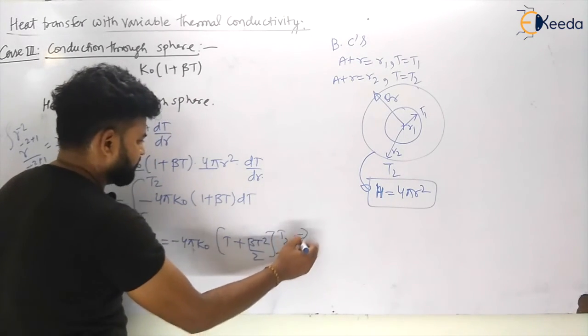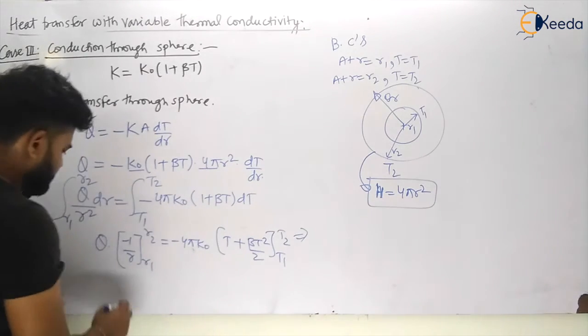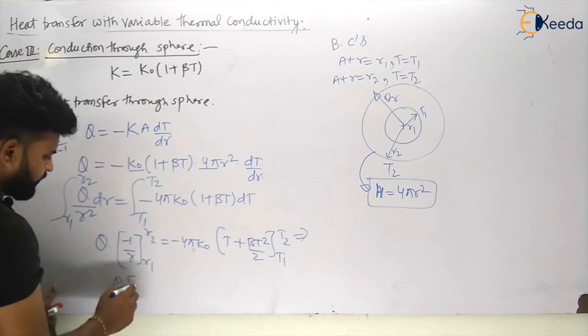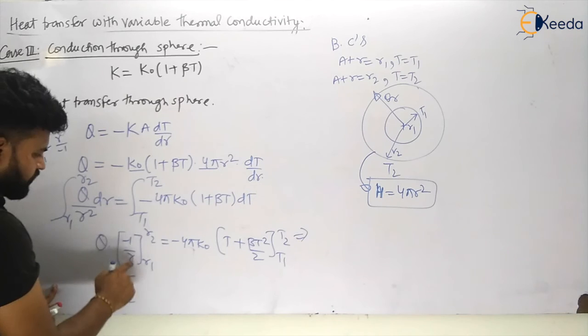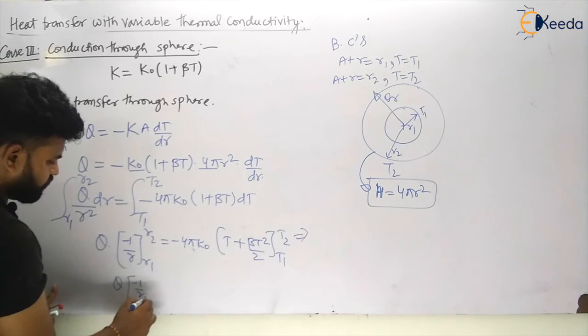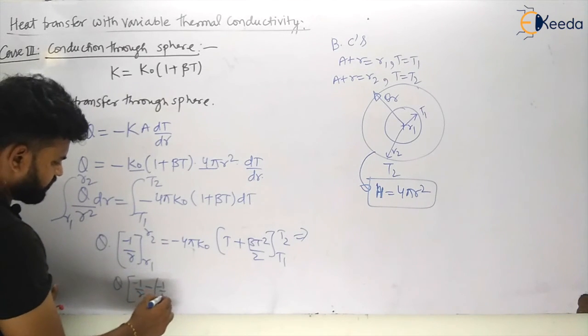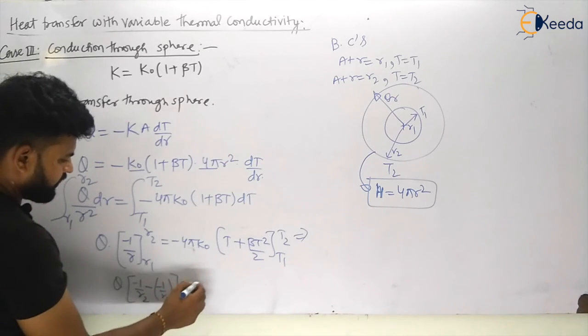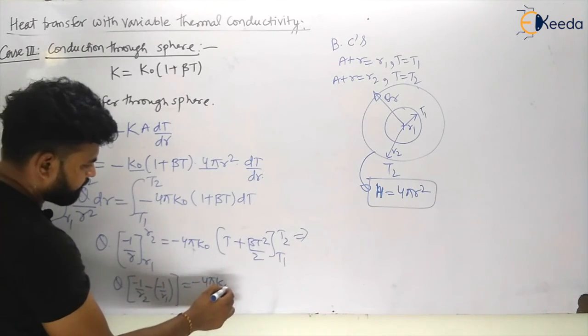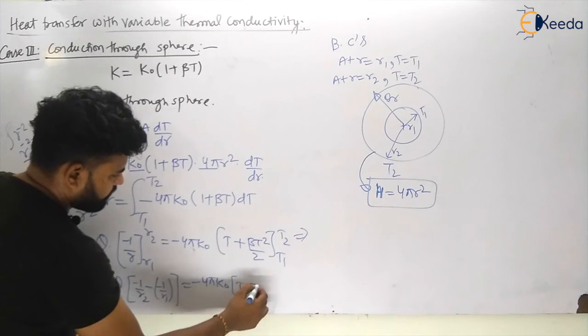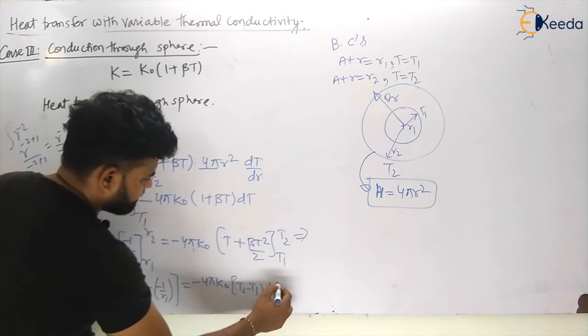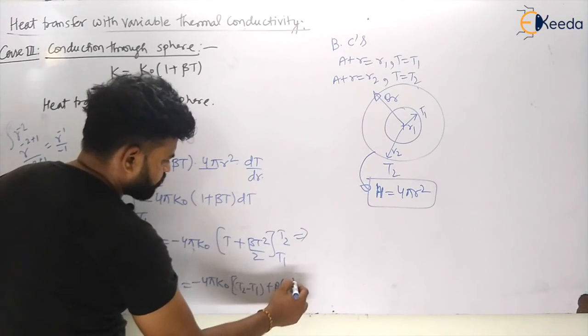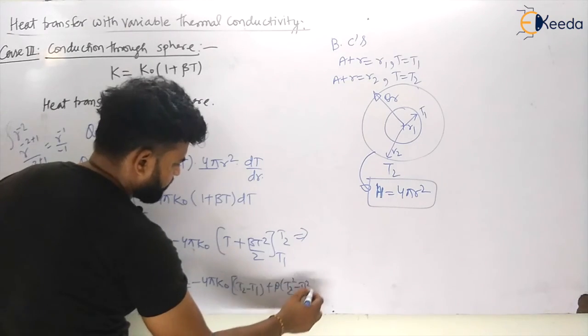Now putting the values, let us see what I will have. So this can be written as Q into (-1/R2 - (-1/R1)), and this will become 4πK0 into (T2 - T1) + β(T2² - T1²)/2.